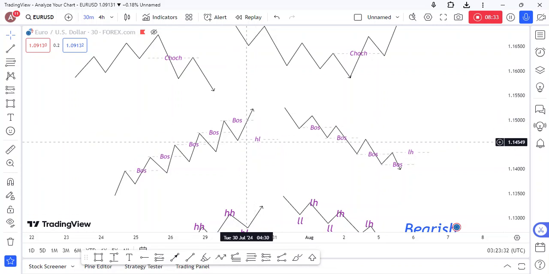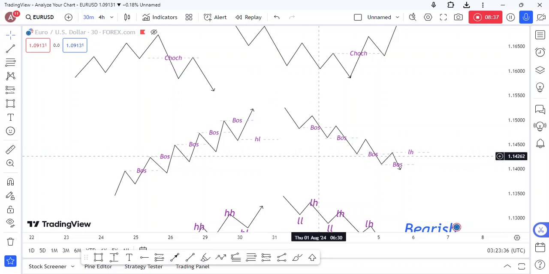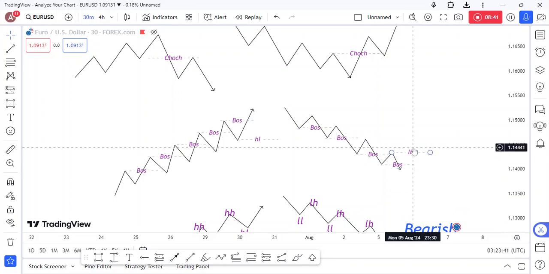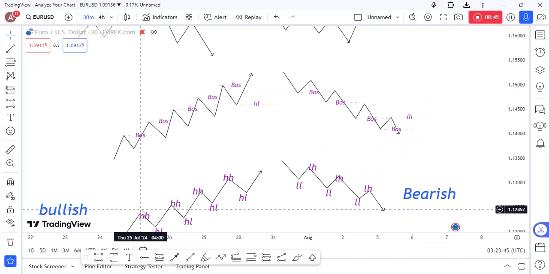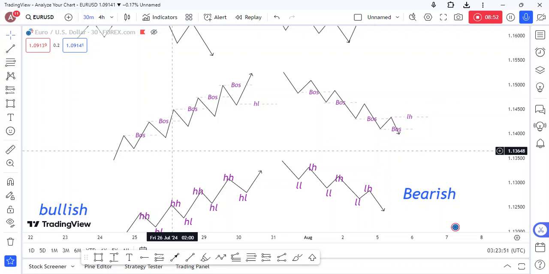Now, even though it's a break of structure, we don't want to see certain things. For a bullish market, we don't want to see the higher low being broken. And in a bearish market, we don't want to see the lower high being broken. Like I said earlier, for us to continue the trend, the previous high must be broken and the succeeding high must be higher than the previous high in a bullish market.